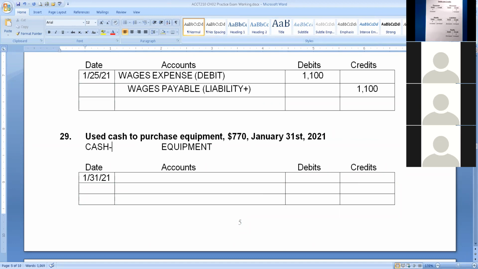And equipment is going up. Yeah, we have more equipment, but now we have less cash. So these are both assets, right? So let's take the cash. Cash is an asset. It's going down with a credit. Cash, an asset going down.